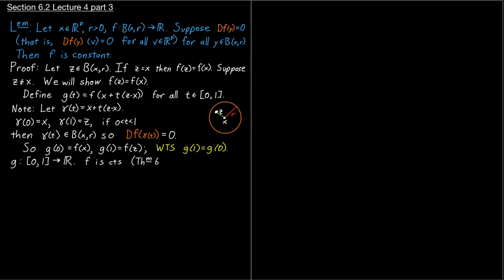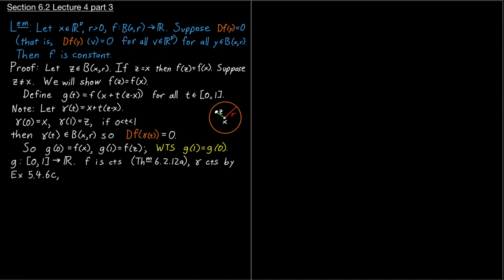That is by a theorem, theorem 6.2.12a: any differentiable function is continuous. Gamma is continuous by example 5.4.6c.